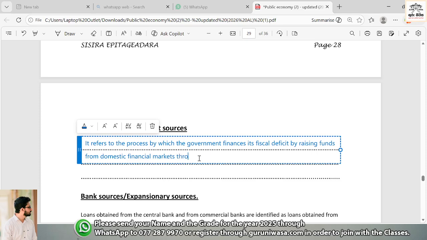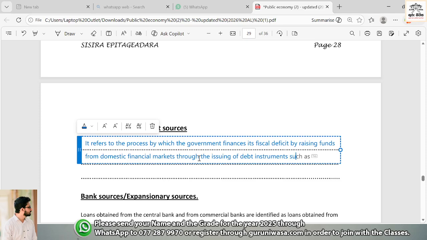through the issuing of debt instruments. What are the debt instruments? Treasury bills and treasury bonds.